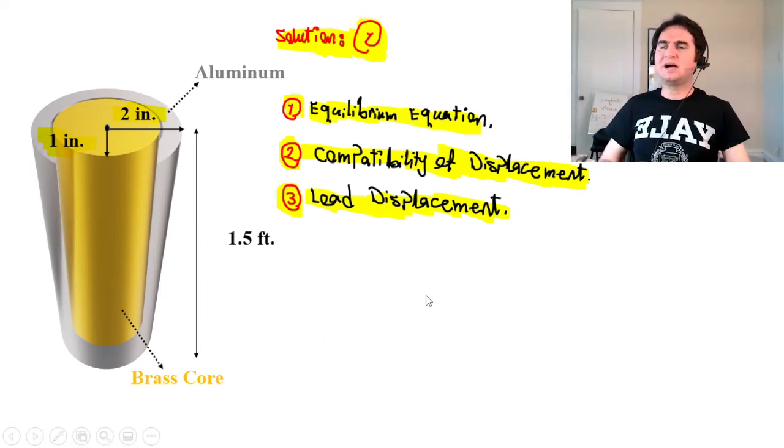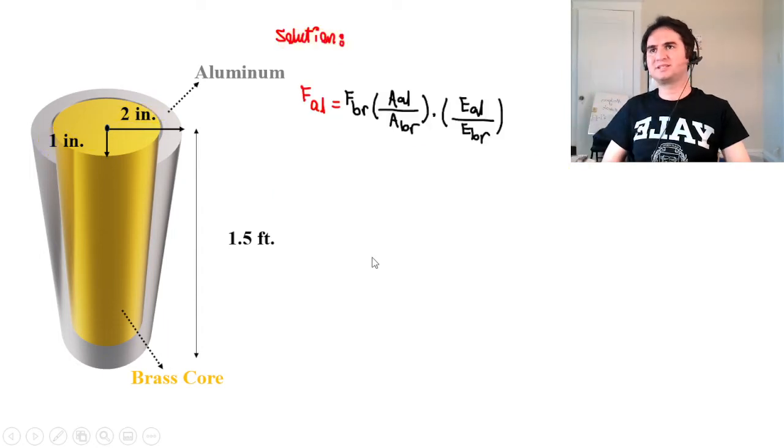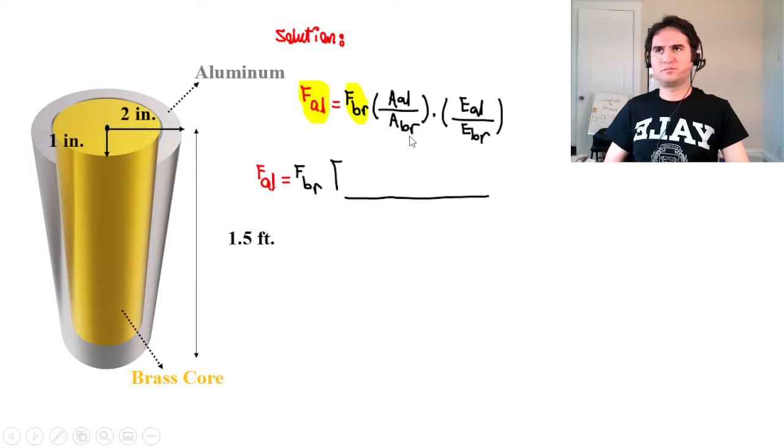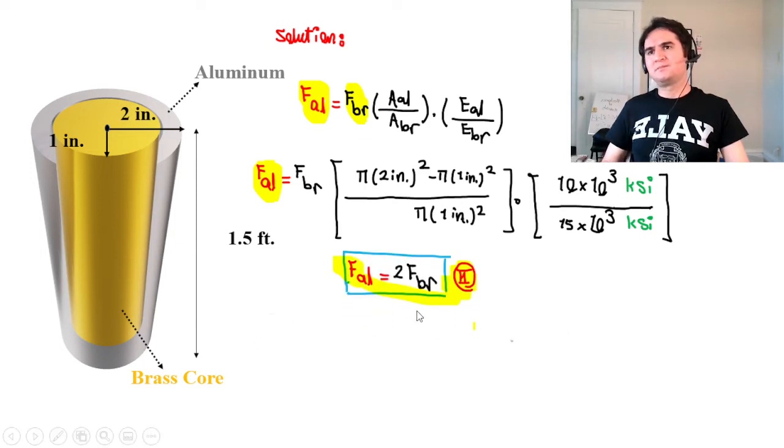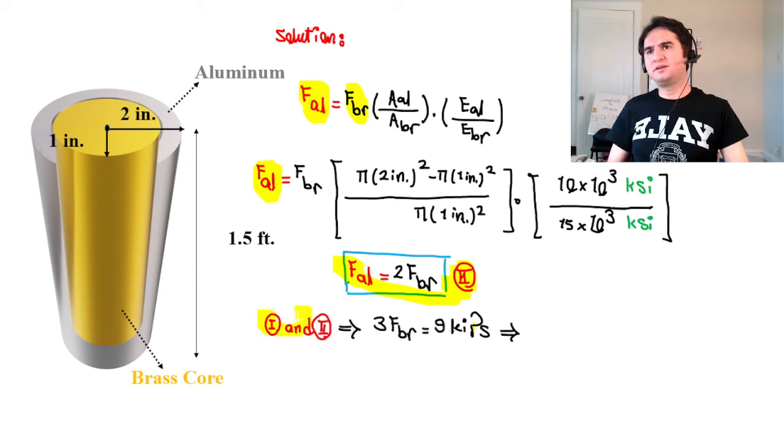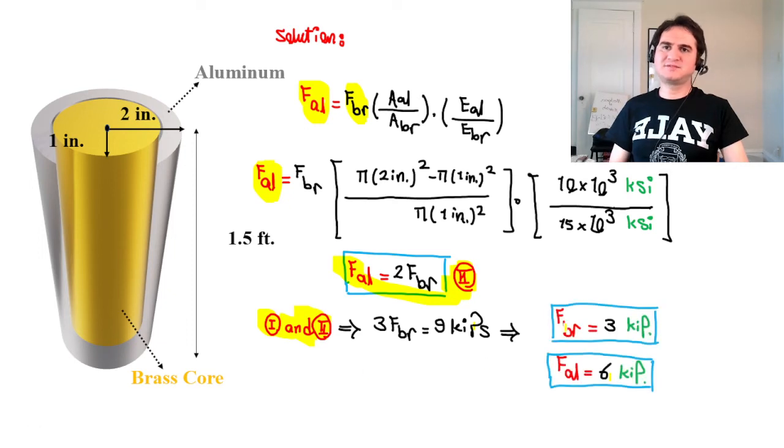Finally, after passing through all these three steps, we get the equation that connects the force of aluminum to the force of brass. And by doing the math and applying the previous equation, put it all together, it gives us the force of brass, which was 3 kilopounds, and force of aluminum, which is 6 kilopounds.